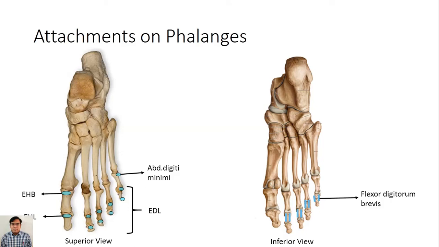And this blue line shows the attachment of flexor digitorum brevis on the adjacent side of the middle phalanx of the lateral 4 toes, and this is the insertion of adductor hallucis and medial part of flexor hallucis brevis.